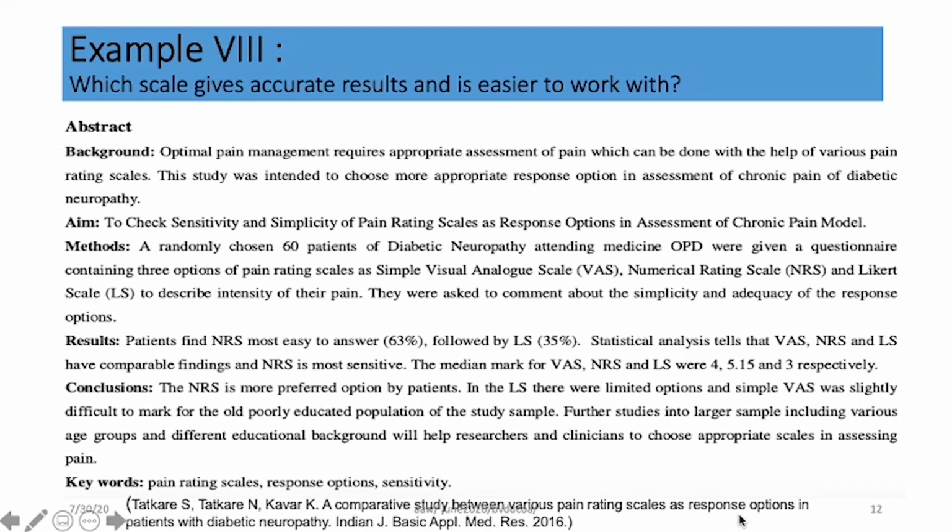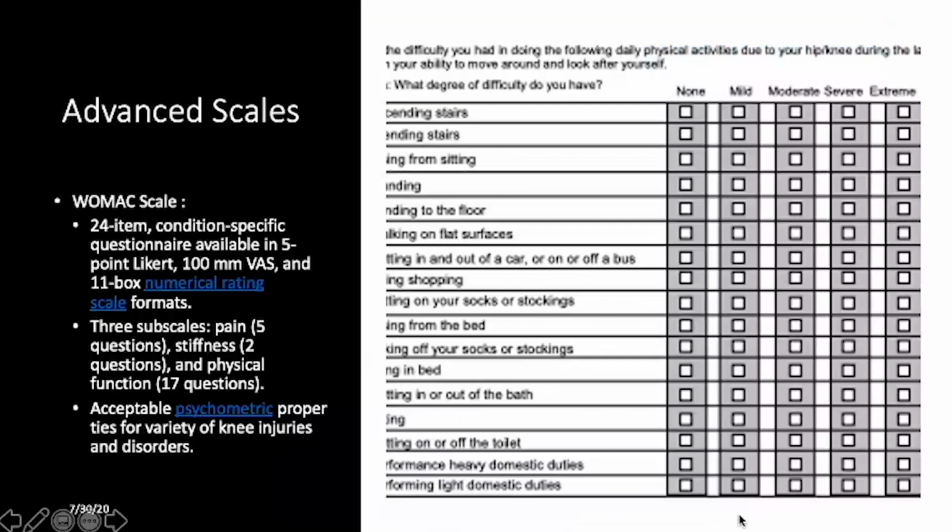And the conclusion here was that the numeric rating scale is the option more preferred by patients. The objective was which scale gives accurate results and which is easier to work with. You can read these original papers which I am quoting here by clicking on the references or copy pasting them into your web browser.